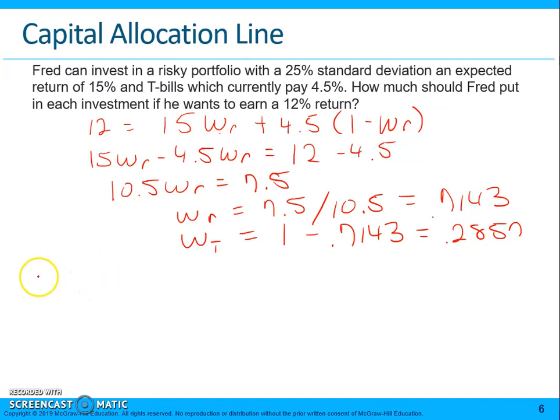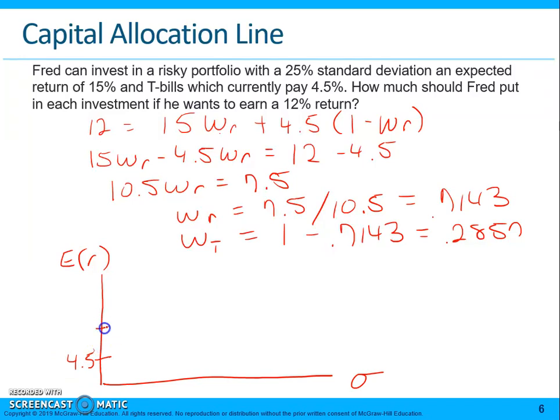So we can draw the capital allocation line here. We've got expected return, and go down here and across, and we'll have standard deviation. So we've got our risk-free rate, 4.5, and 12, and then we've got 15.